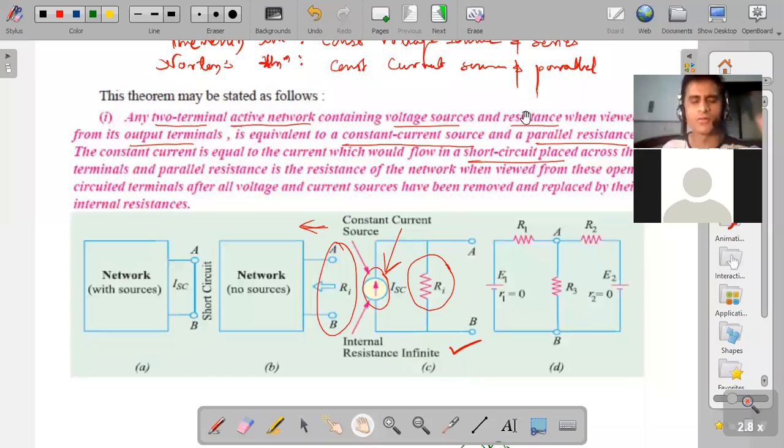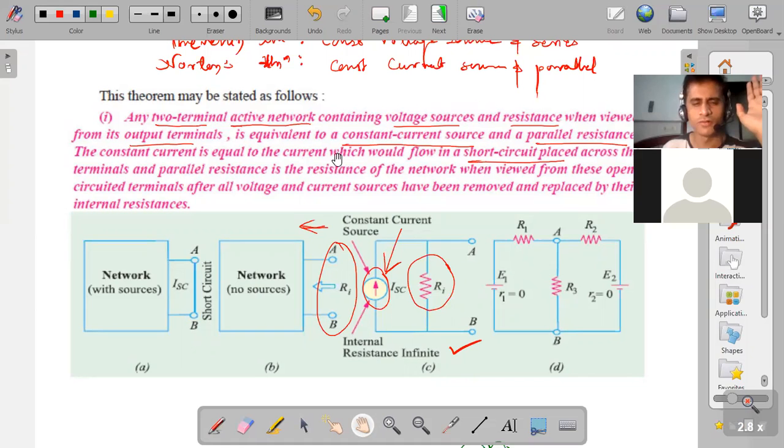Therefore, replace that constant voltage source with a constant current source and the resistance with a parallel network. This is your network with constant voltage source as well as resistive network, and replace that constant voltage with a constant current source and the resistive network with parallel resistance. This is about the Norton theorem.